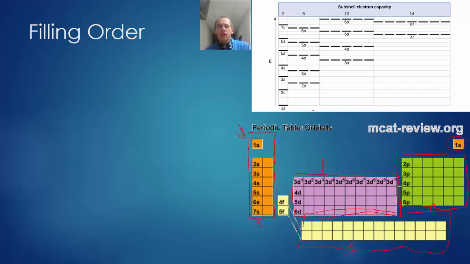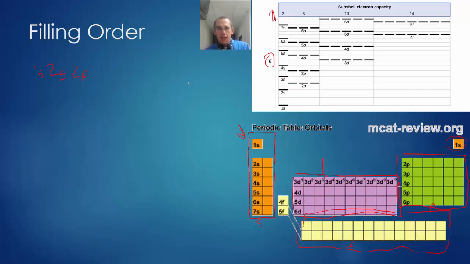What order do they actually fill in? Okay, well, this shows me the energy of the different energy levels in subshells and orbitals. So higher energy is higher up, lower energy is lower down. So electrons are always going to fill the lowest spot first. Remember, orbitals hold 2. So the order goes 1s because it's the lowest energy. Then we look 2s. Above 2s is 2p.